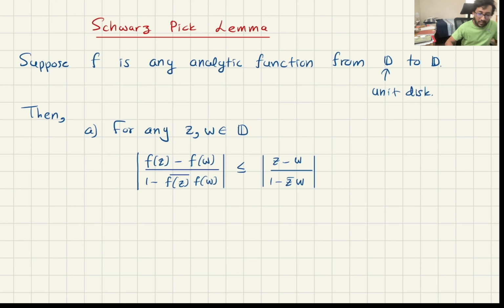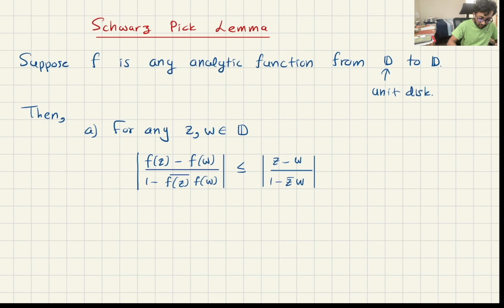Now if you remember what I did in the Schwarz lemma, I had an analytic function from unit disk to unit disk, and that analytic function mapped origin to origin. So suppose I have an analytic function from unit disk to unit disk, and I do not know anything about what would happen to the origin under this function f.